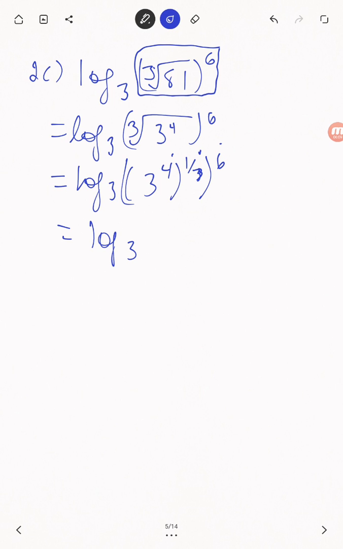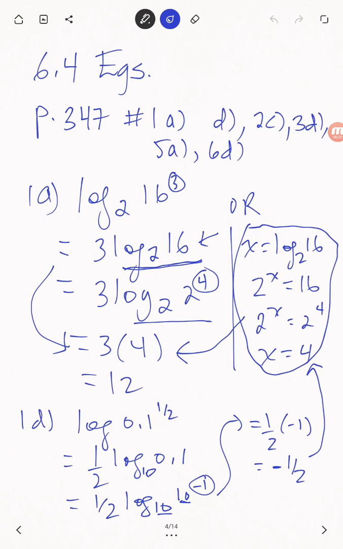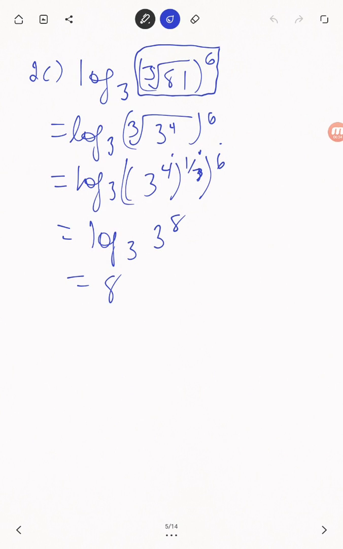If you need to, do it on your calculator. 4 times 1/3 times 6, yeah, is 8. Okay, and then that means that that log is equal to 8. Okay, next question was 3D.